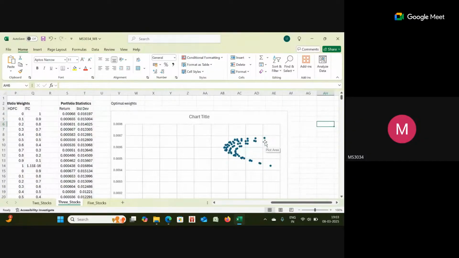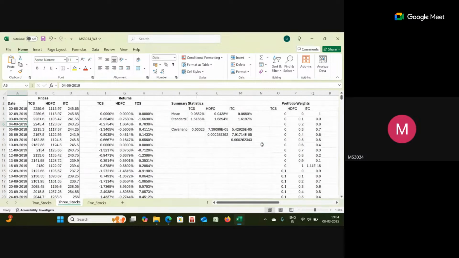If you plot all these portfolio returns and standard deviations, these blue dots build a similar shape, which is the minimum variance set. The points above the global minimum variance portfolio we call the efficient frontier. I will be sharing this file with all of you.